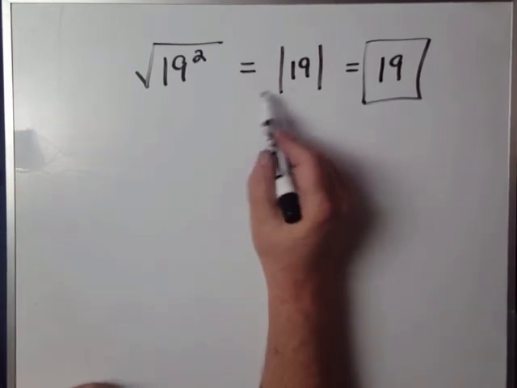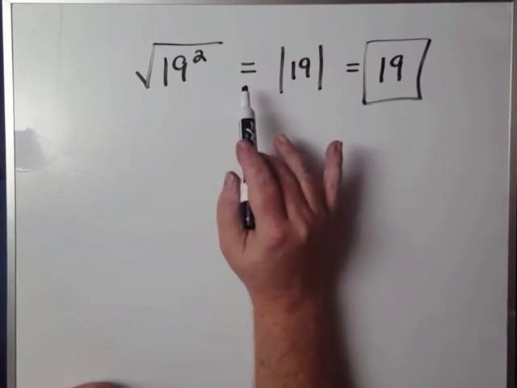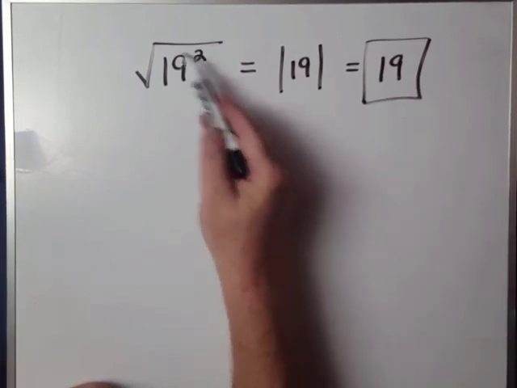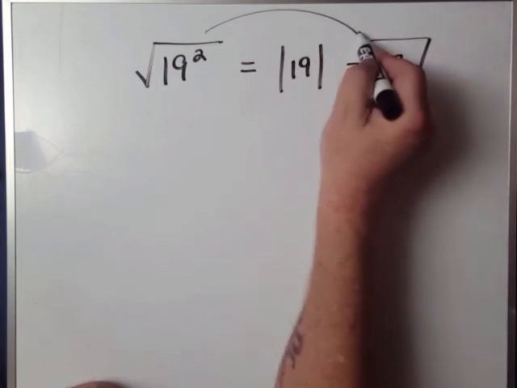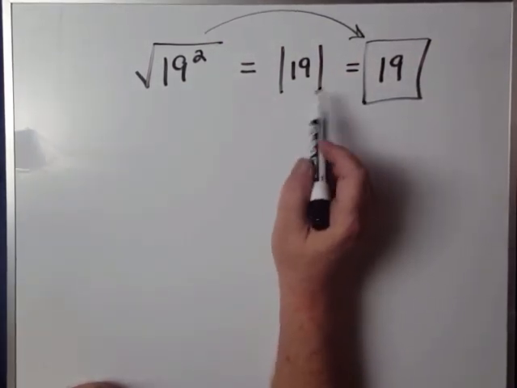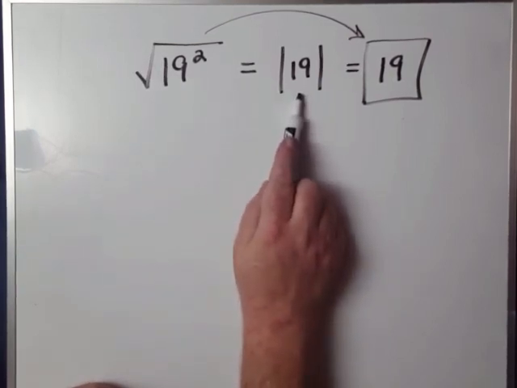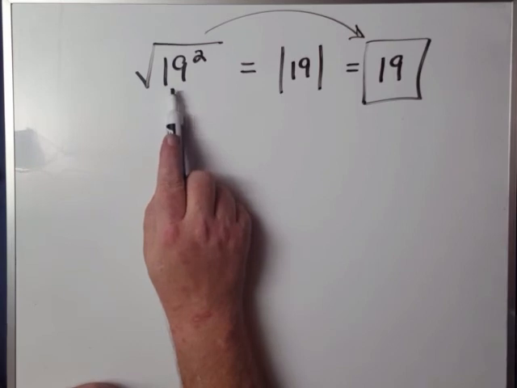I'm not too worried about this intermediate step since 19 is just a positive number. Well, then the square and the square root cancel. Boom. But she's wanting us to practice this idea of when my power and index are even, I need absolute value bars, especially when variables are involved.